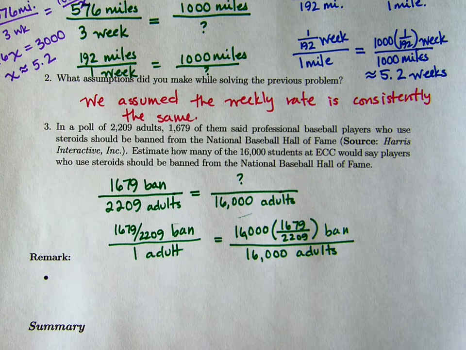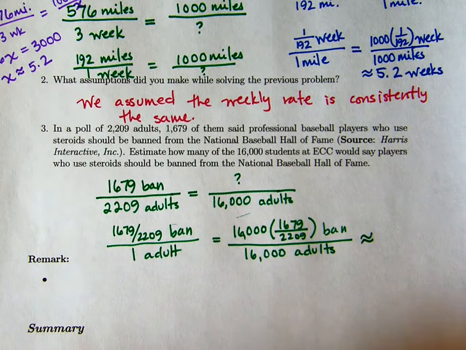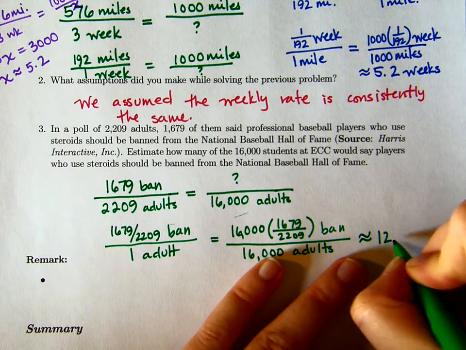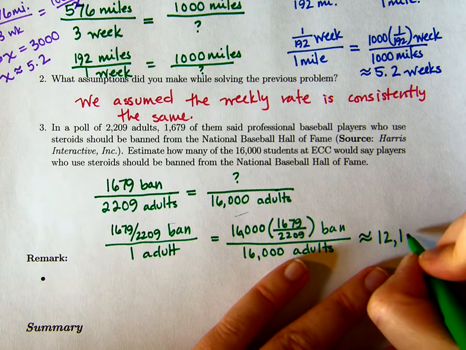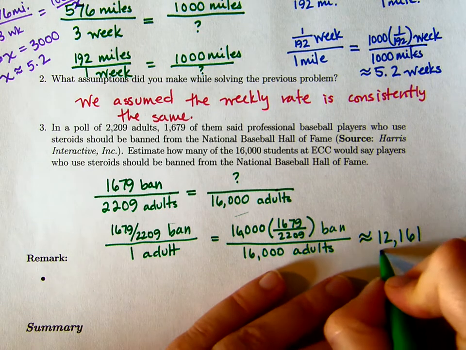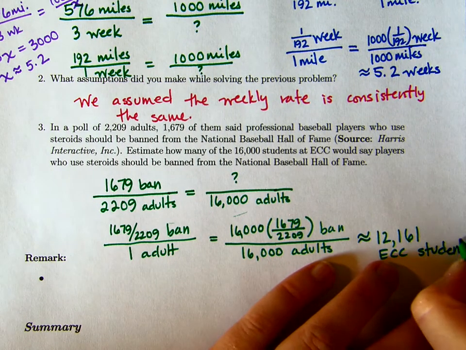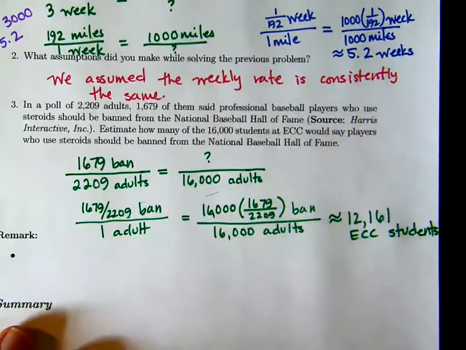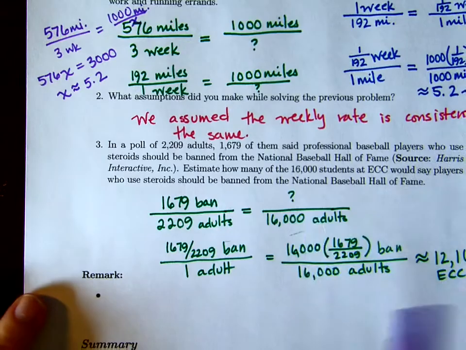So 16,000 times 1,679 divided by 2,209. And we get approximately 12,161 ECC students, aka adults. Okay, so I need you to know something. Again, the book would have solved this differently.